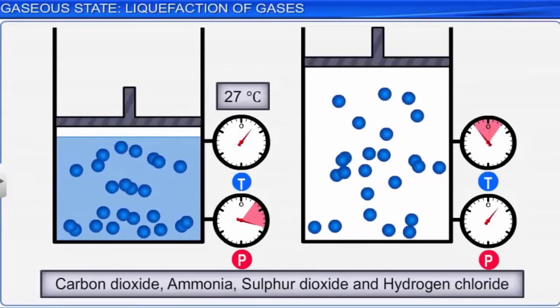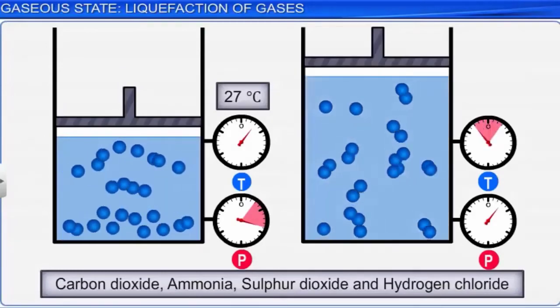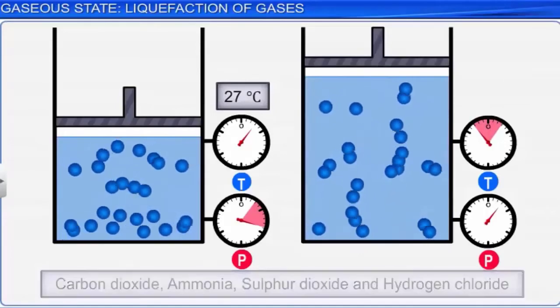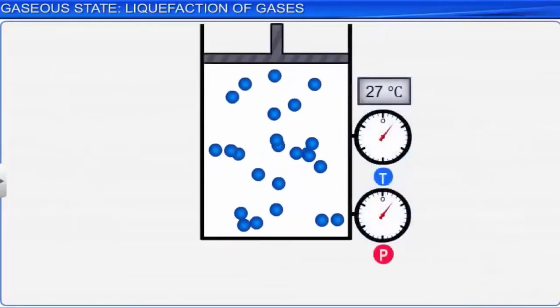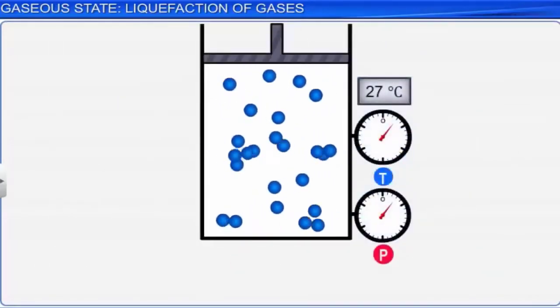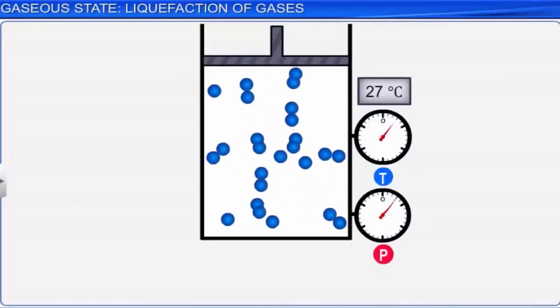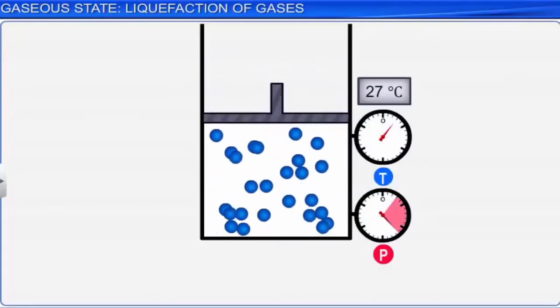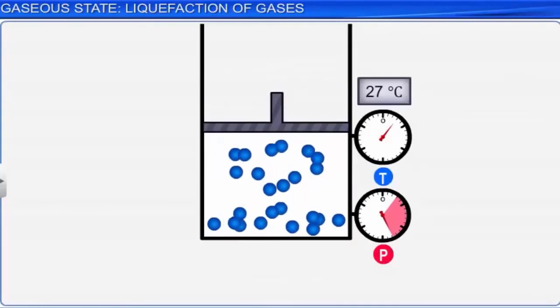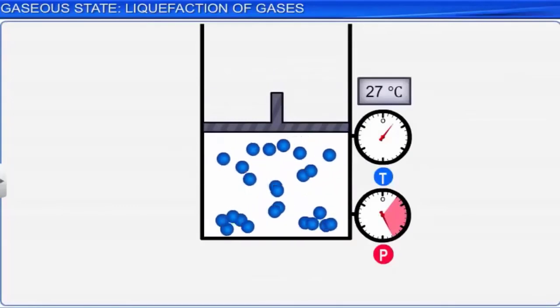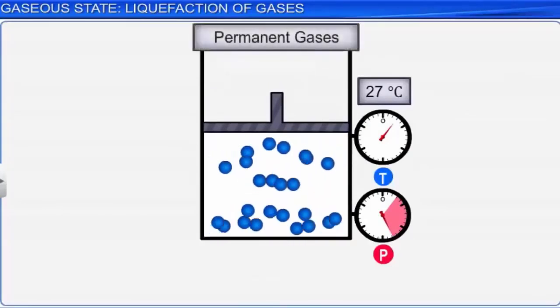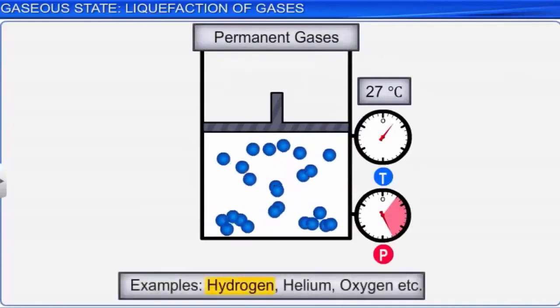There are some gases, however, which cannot be liquefied at room temperature even at very high pressure. These gases are called permanent gases.